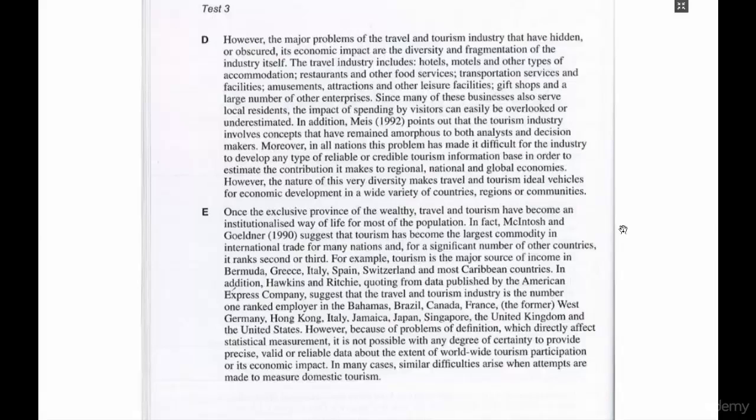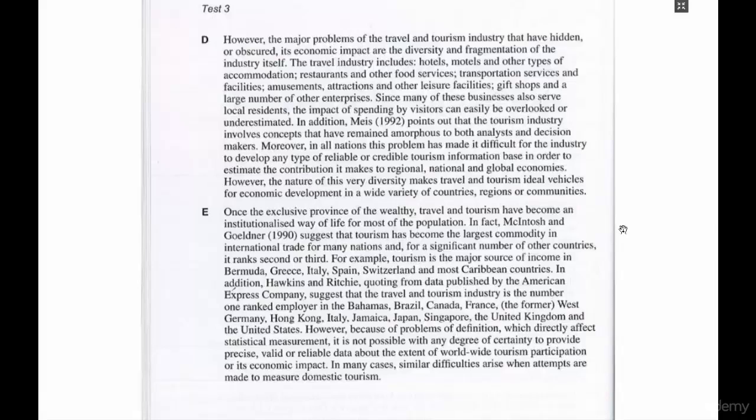All right, last sentence says, in many cases, similar difficulties are made to measure the domestic tourism. Similar difficulties. So the previous sentence is talking about how it's not possible with any degree of certainty to provide precise and valid data about the extent of worldwide tourism.